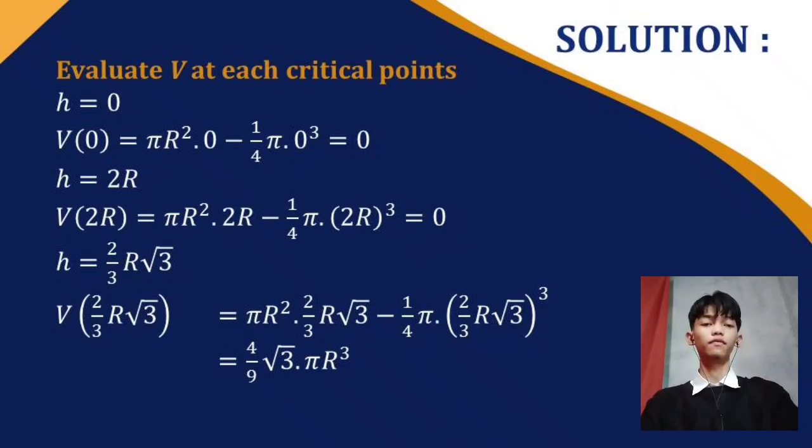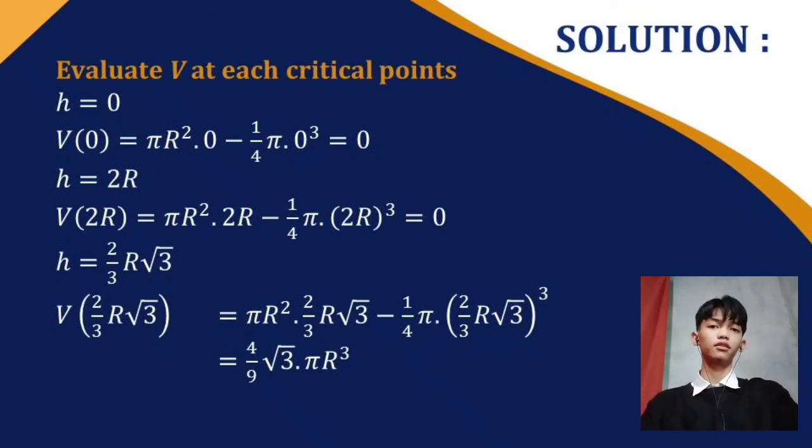And then if H is equal to 2/3 times R capitalized times square root of 3, we get the value of V equal to 4/9 times square root of 3 times pi times R cubed.